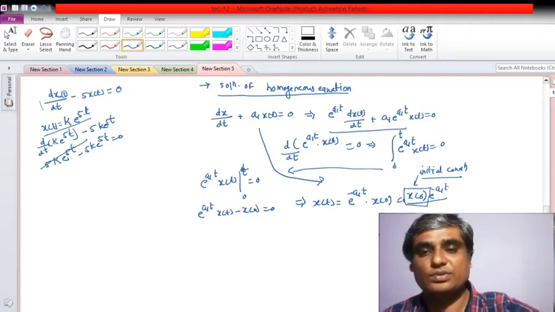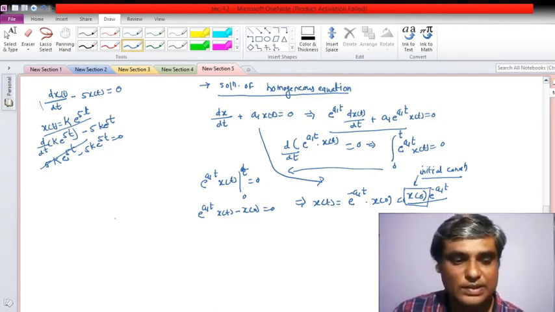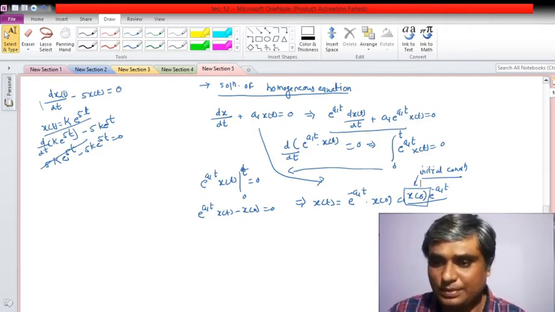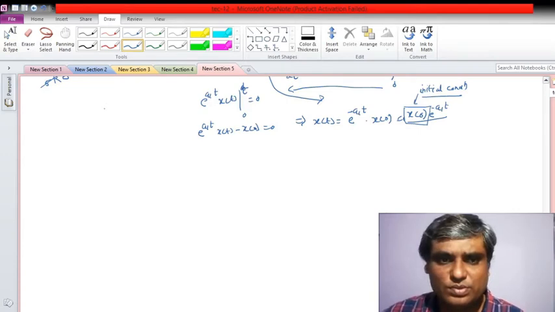Okay, so with this, let us take a generalized way. How can we solve the equation with an example? Let me write the general equation. Let's say the general solution will be of the form k into e raised to pt.